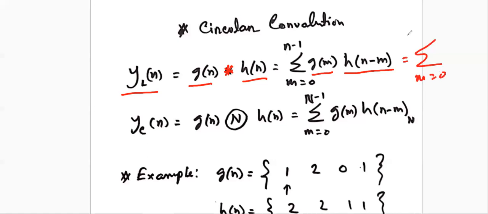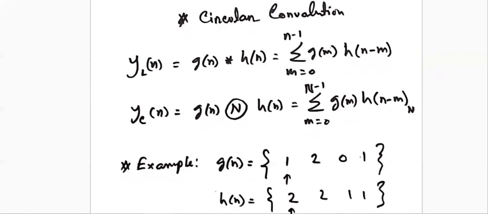The sum is from m equals 0 to N minus 1; we can put h(m) and g(n minus m). That is also true, and we have learned it. I gave much more time to understanding the linear convolution when we covered that.